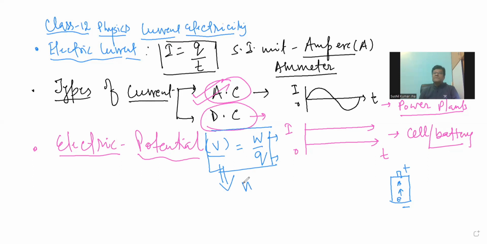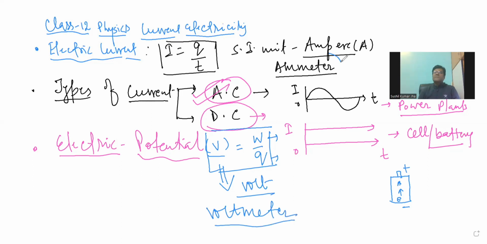For that we are using the SI unit, which is volt. Now again we have a device to measure potential difference or voltage, which is called a voltmeter.